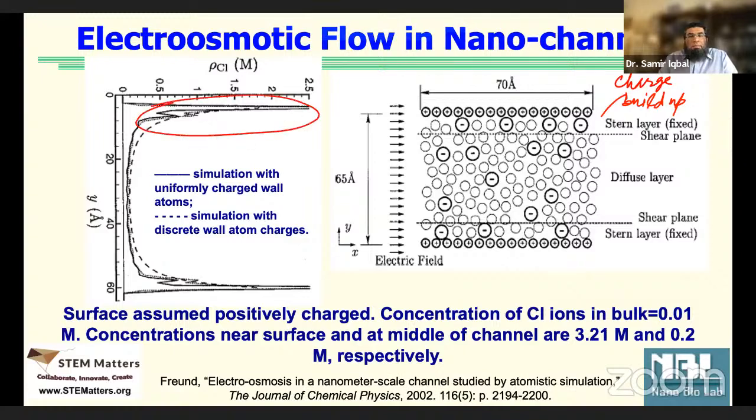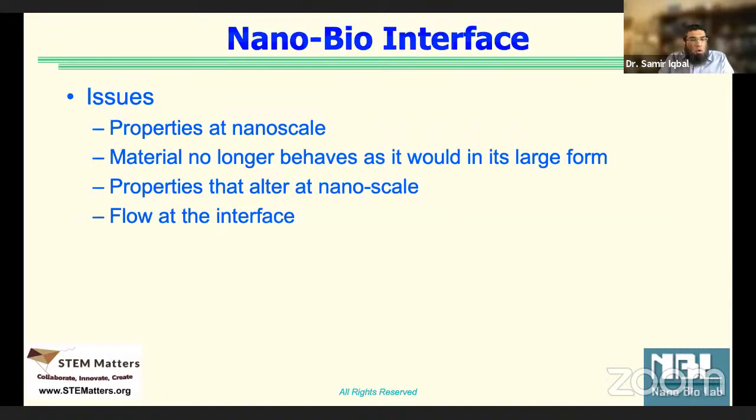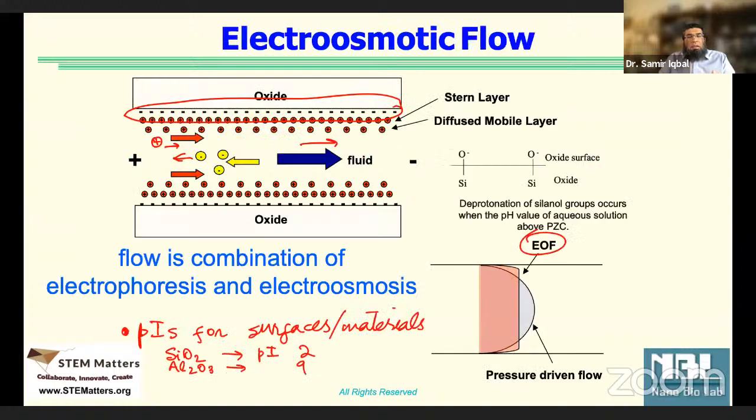So that gives us an understanding that at the nanobiointerface, there is much more happening. Flow of solutions, again, because of the reduced drag and the electrophoresis and electroosmotic flow.